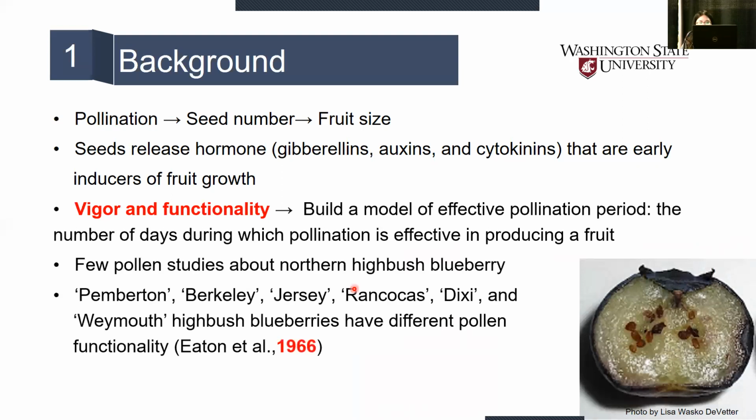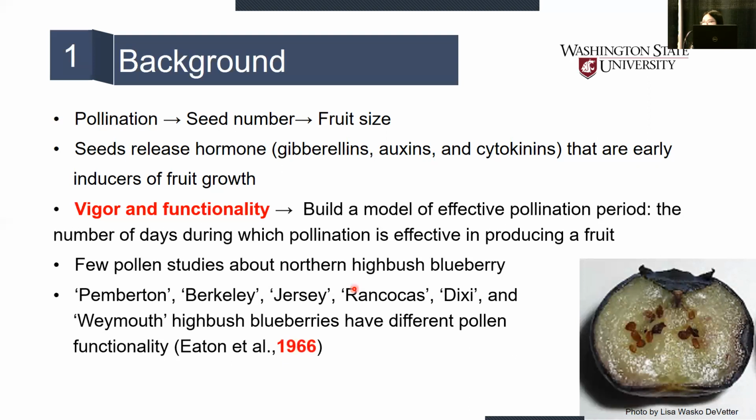And there are few studies examining the pollen functionality, especially in northern highbush blueberry. There is a study about Pemberton, Berkeley, Jersey, Rancocas, Dixie, and Weymouth highbush blueberry. And it shows that they have different pollen functionality, they have different germination rate and tetrad abortion rate.